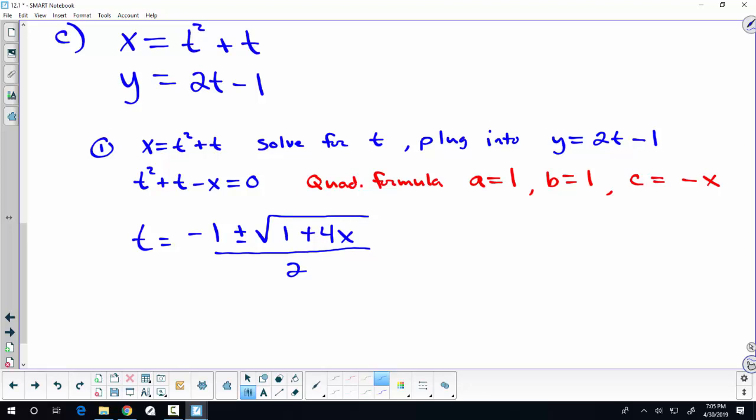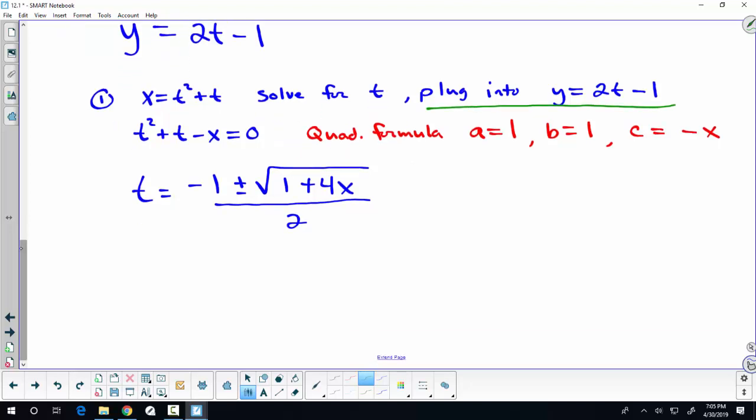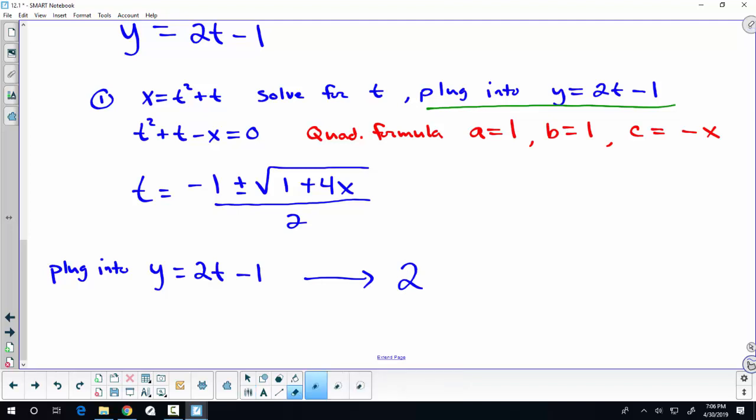So we've got what t is. Now we're going to plug that into y equals 2t minus 1. Okay, well, hopefully you see what happens. The 2's cancel out. This 2 divides this 2.